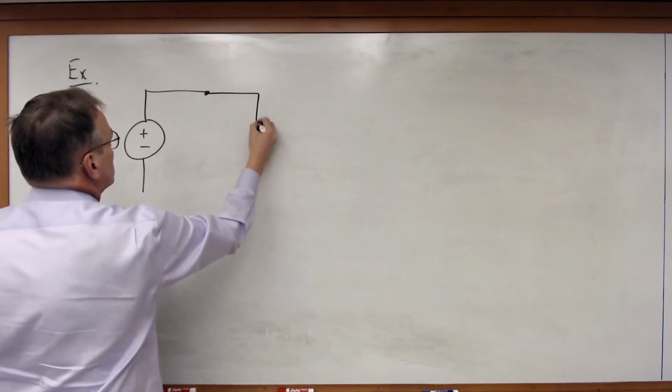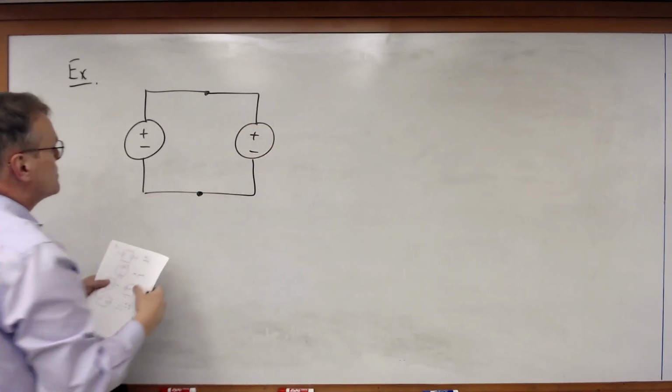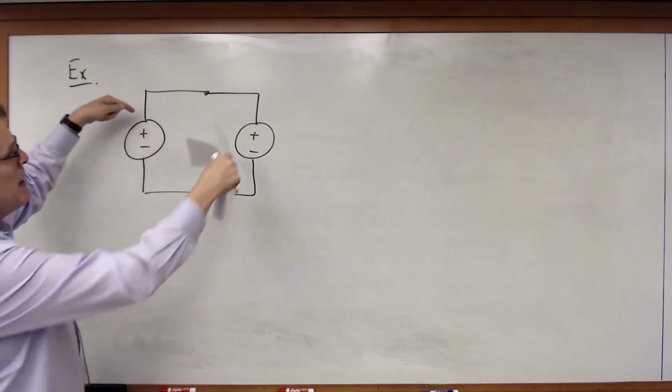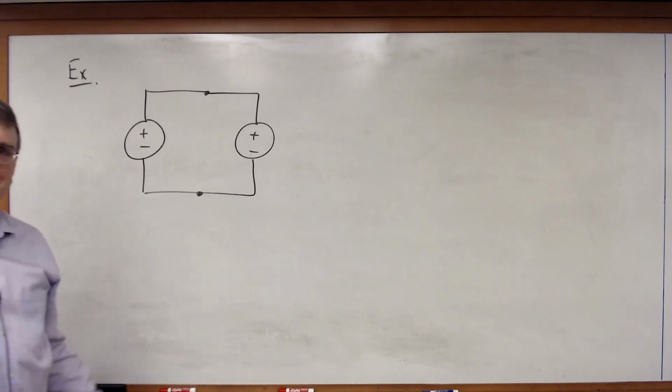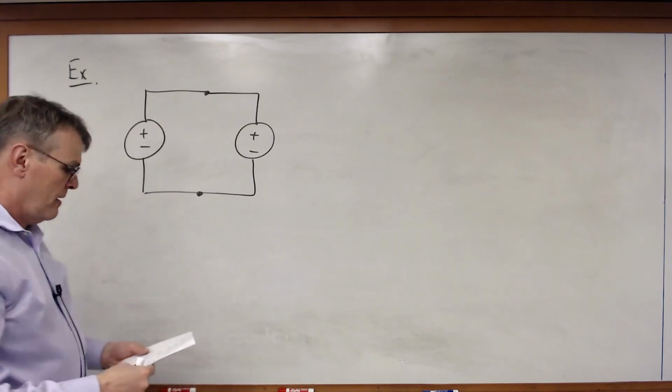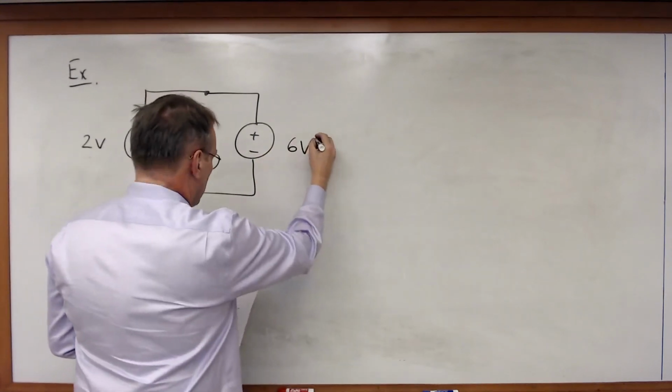And I'm going to connect them together like so. Notice I've got two voltage sources and I'm going to pull their terminals out and weld them together into a single point. This is a 2-volt source and this is a 6-volt source.